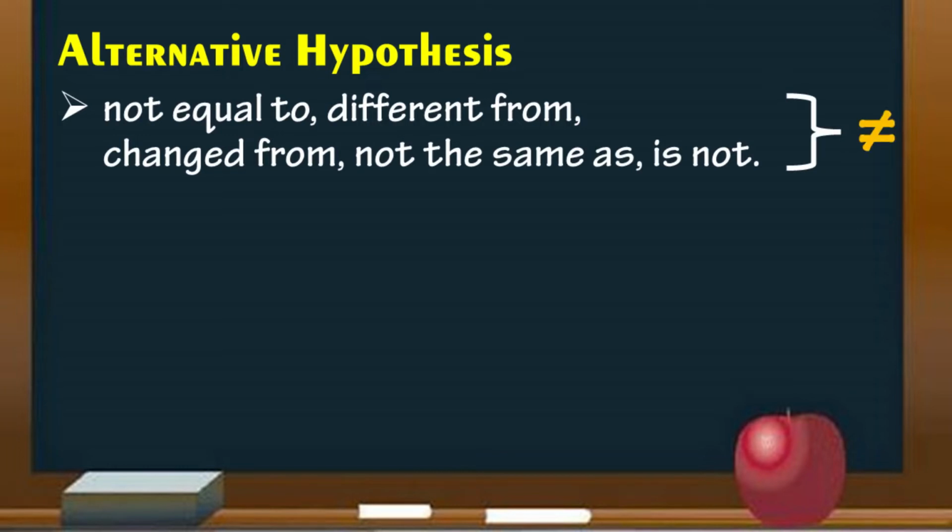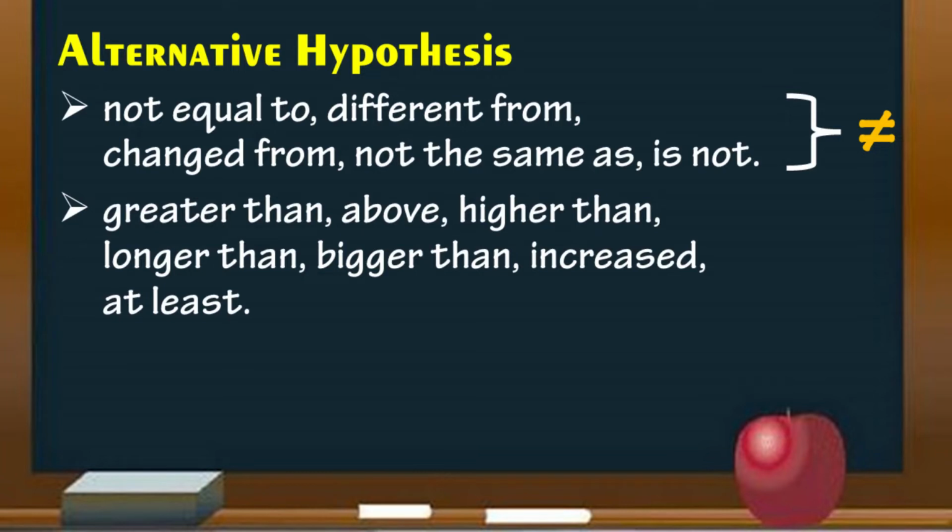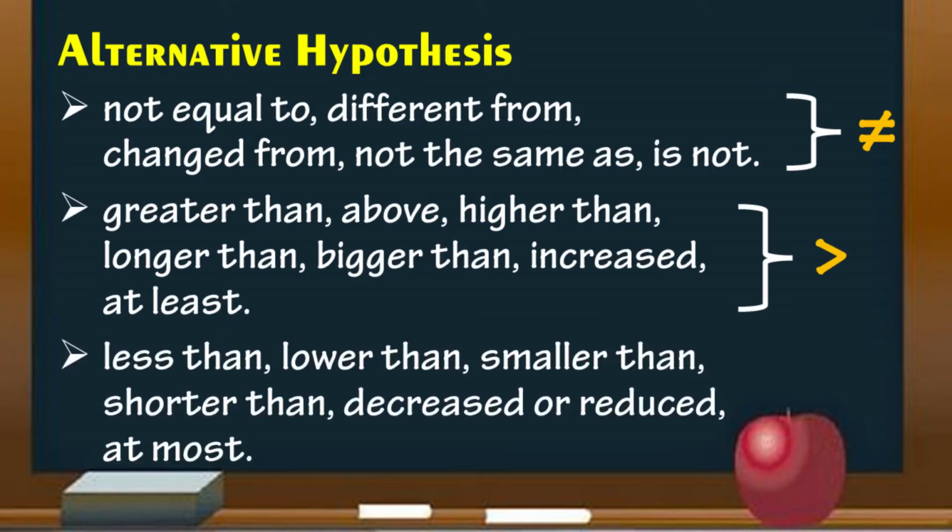For greater than symbol, we have greater than, above, higher than, longer than, bigger than, increased, at least. And for lesser than, less than, lower than, smaller than, shorter than, decreased or reduced, at most.